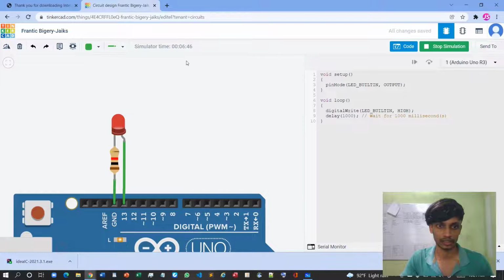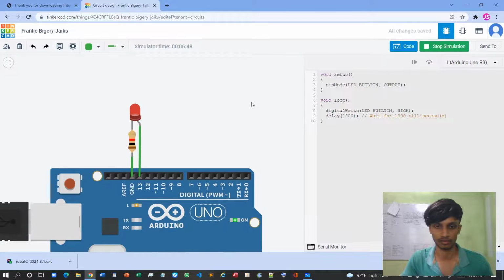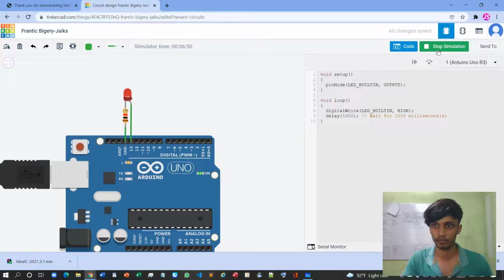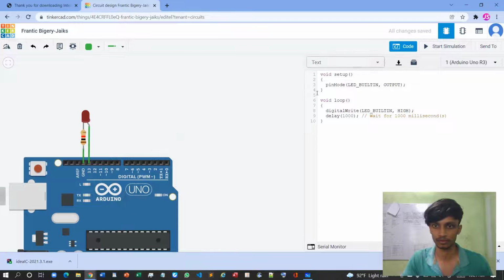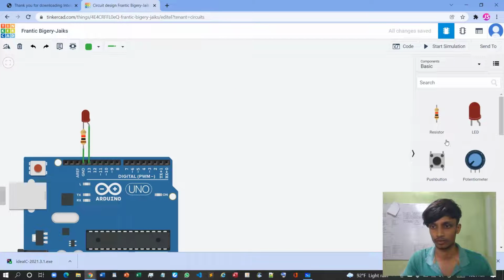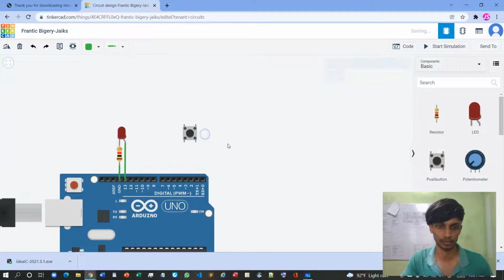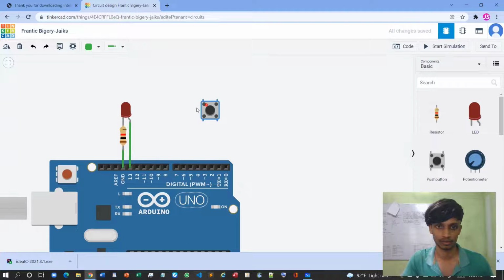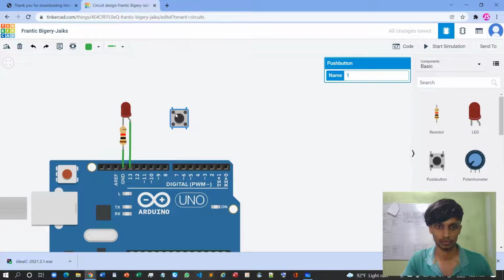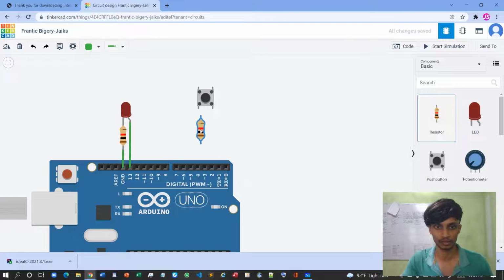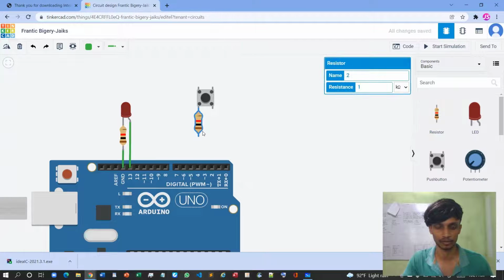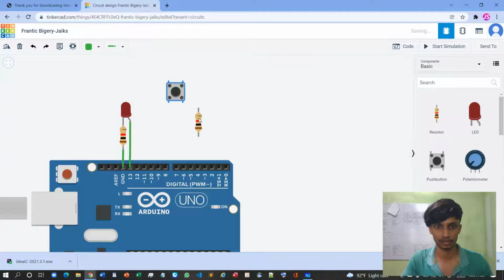So in TinkerCad, you can stop the simulation. Then all we have to do is insert a new push button. If I'm going to use a pull down resistor, just plug your pull down resistor over here like this.